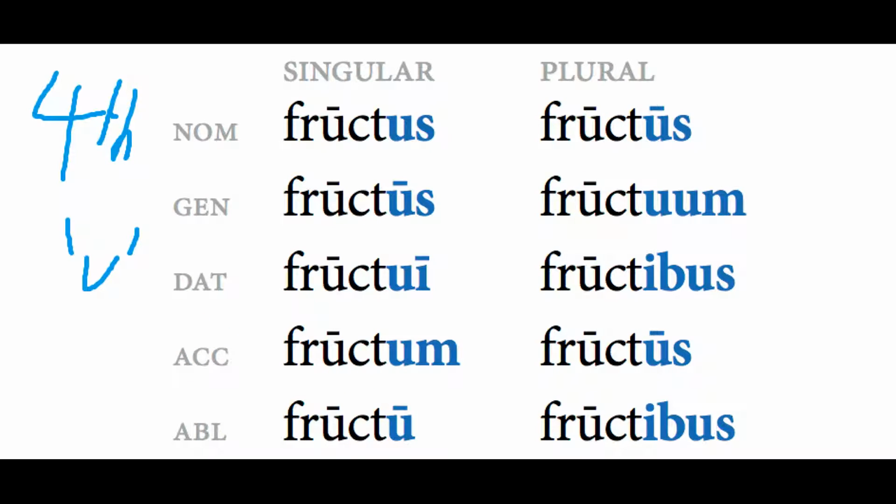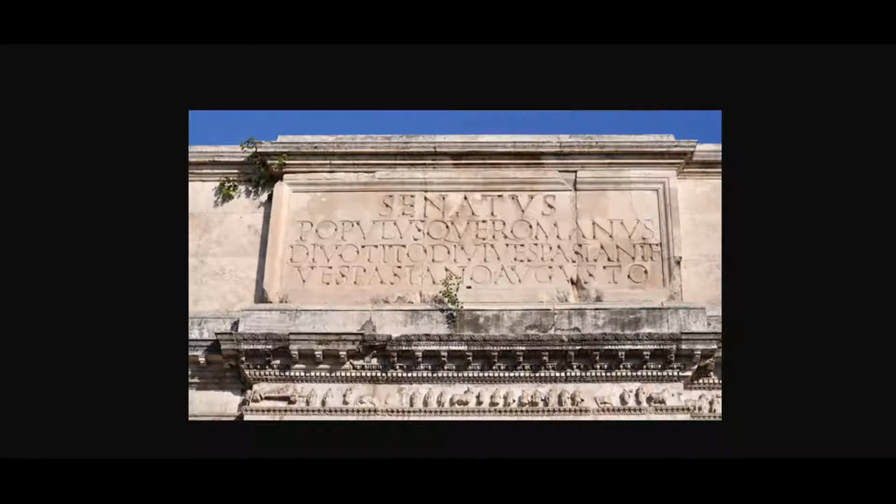In fact, let me give you a little sneak peek of that. What you are seeing right now is the inscription of the Arch of Titus. You'll see some familiar phrases here. You have Senatus Populusque Romanus, the Senate and the people of Rome. And it talks about Titus and Vespasian. But look, the V in Senatus is the same as the U. Populusque, 2 V's instead of 2 U's.